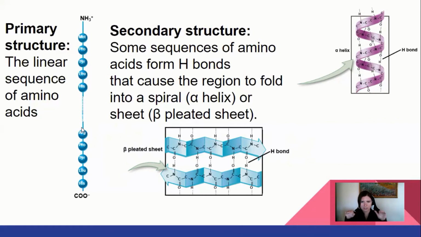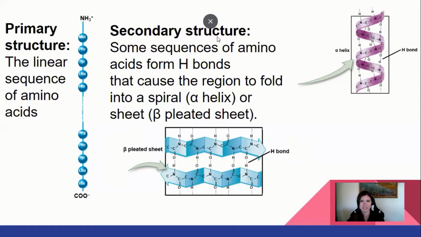So that straight structure is our primary structure, and it's held together by peptide bonds. I'm specifying that here because each of these levels of structure is going to be created by a different type of bond or association between the elements, between these functional groups that we have in our protein.